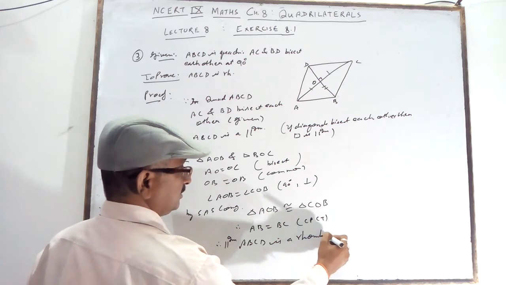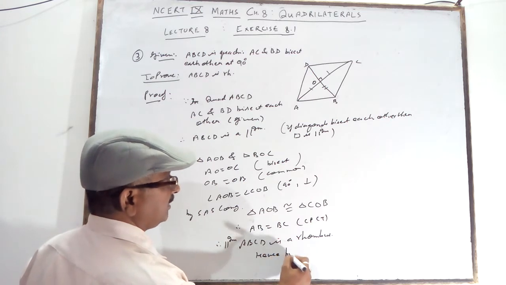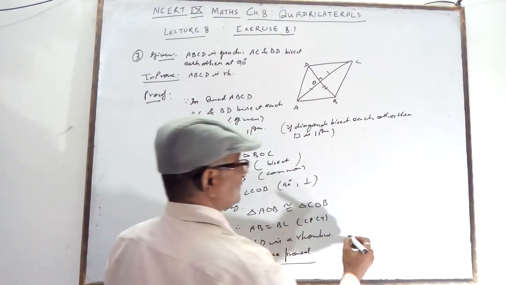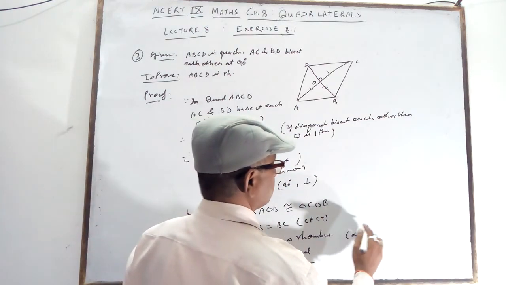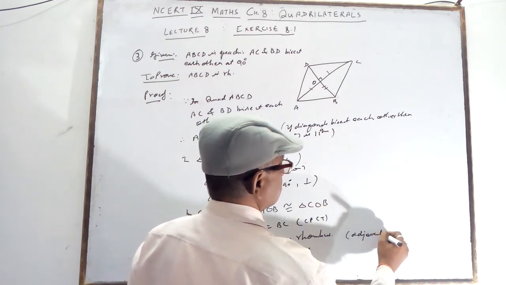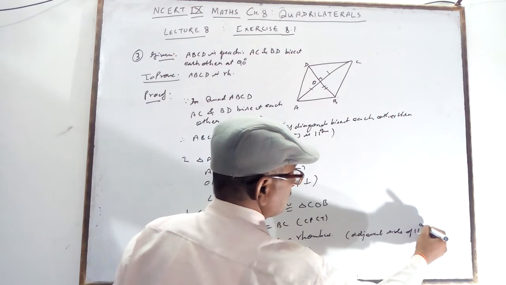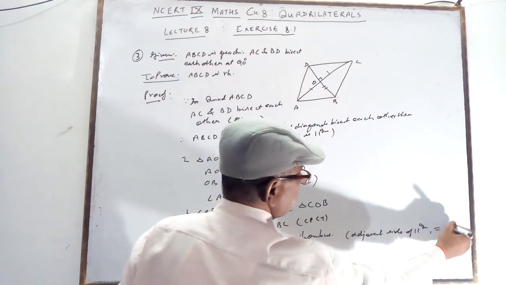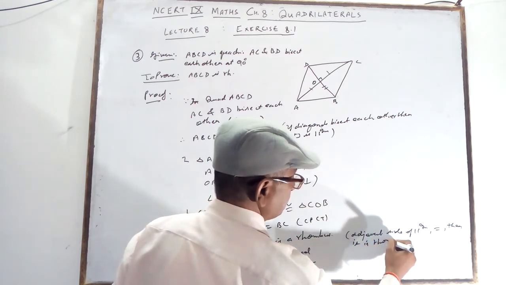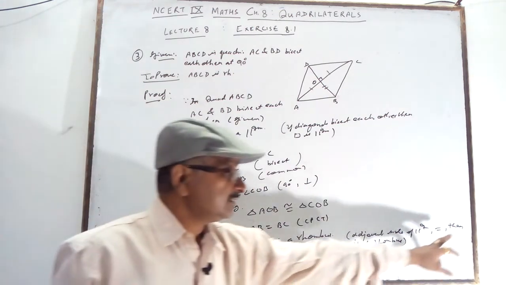Hence proved. I have told you in the flow chart, when adjacent sides of a parallelogram are equal, then it is a rhombus.